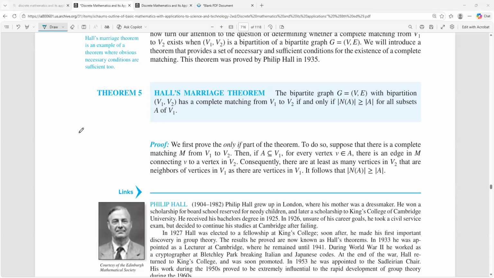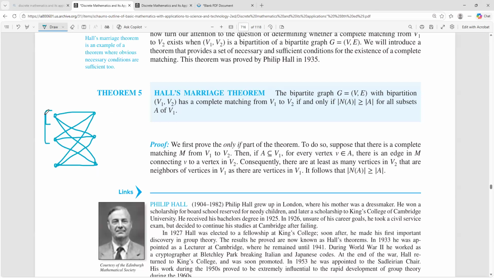So let me actually think about it like this. This is saying if it's a complete matching, let's say I have one, two, three, and one, two, three. So if A is this, the neighborhood of A is three.